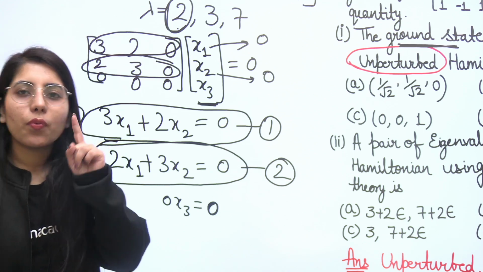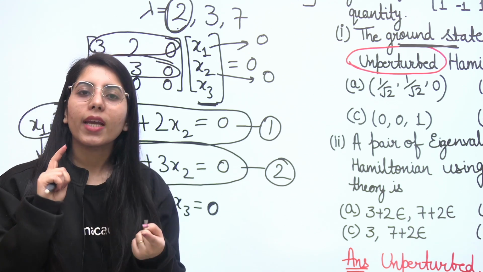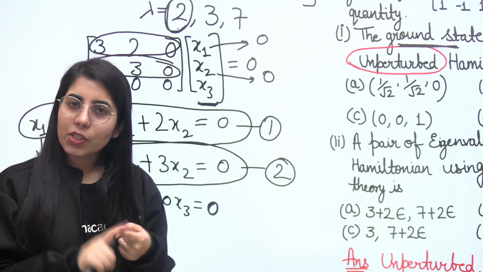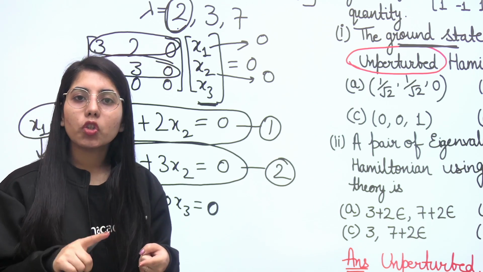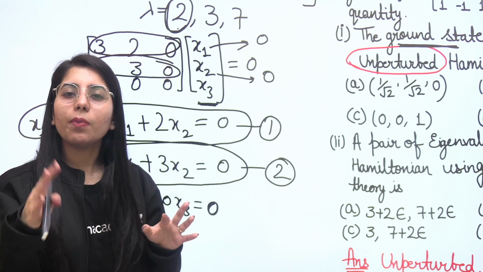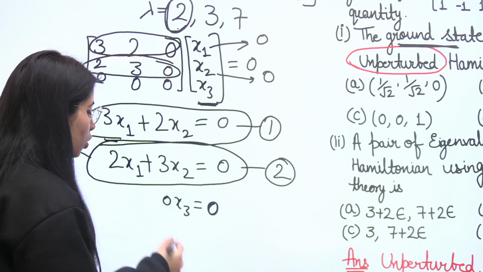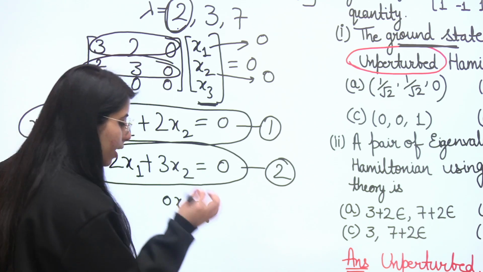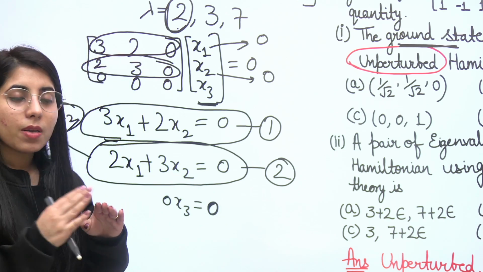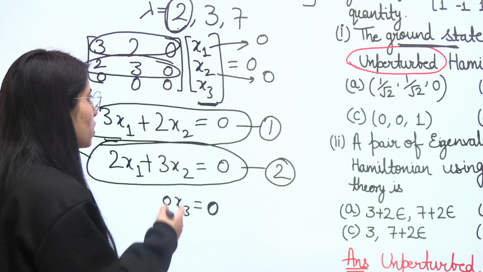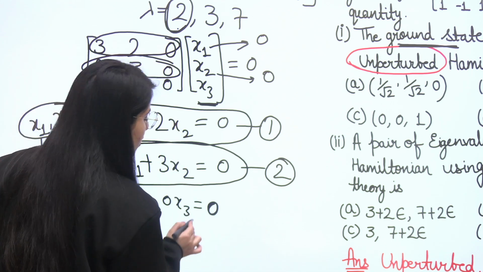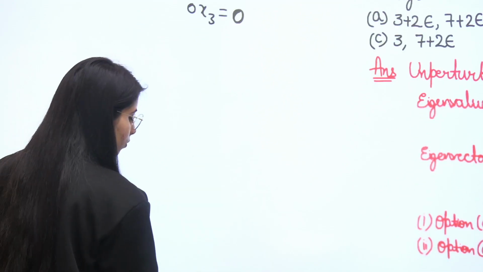Also, you need to know one more thing: when we talk about any eigenvector, each and every eigenvector is going to be normalized, basically, not orthogonal. When we multiply the eigenvector with itself, whatever value I consider here, just a second.